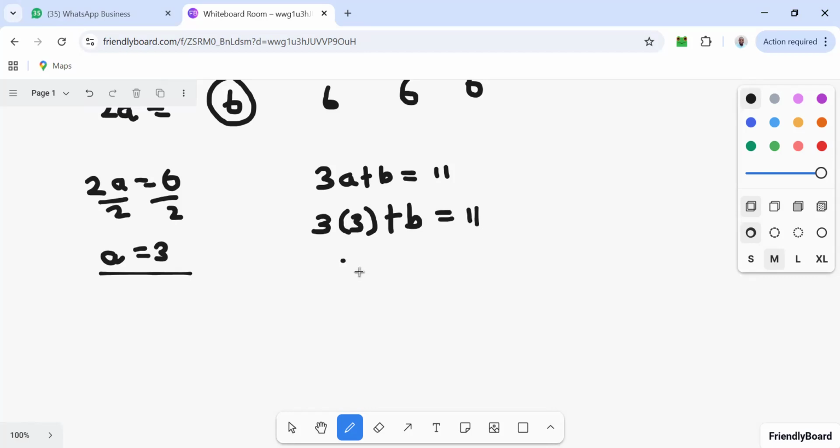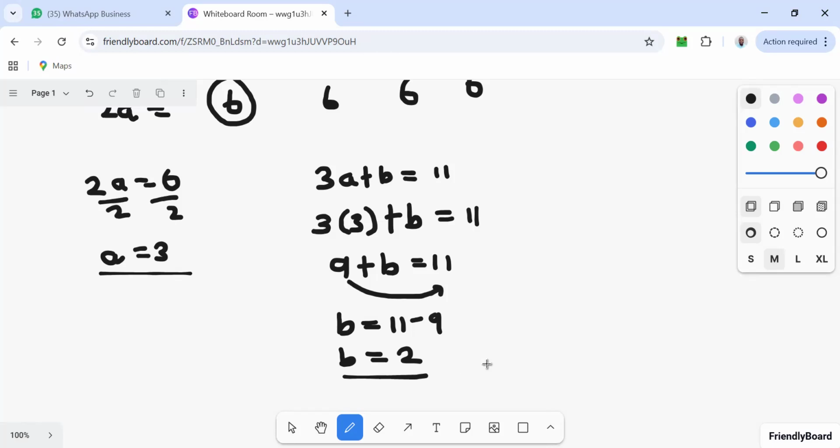So 9 plus b is equal to 11. Then I'm going to take this 9 to the other side. I'm left with b is equal to 11 minus 9. Therefore, b is equal to 2. So I found my b.